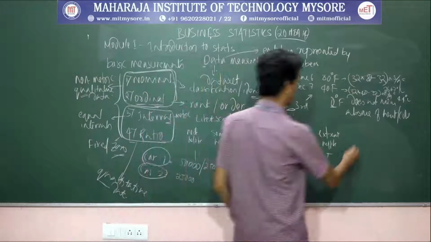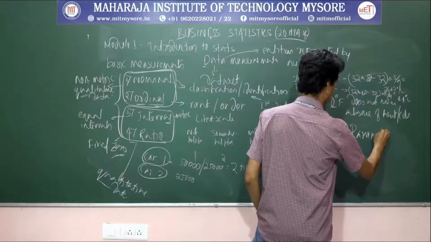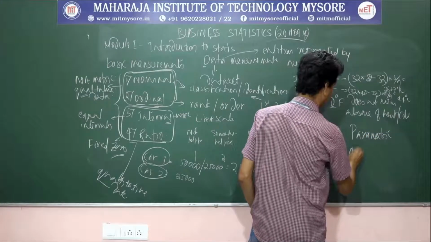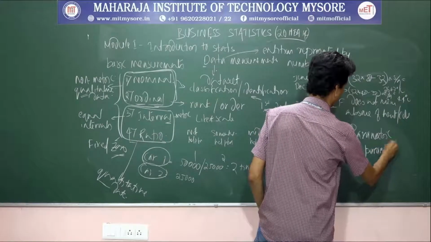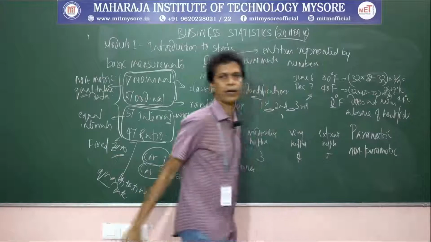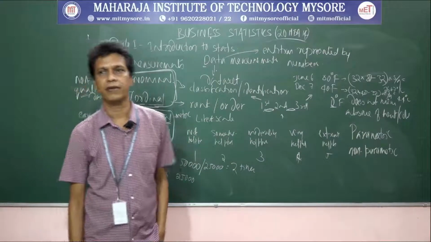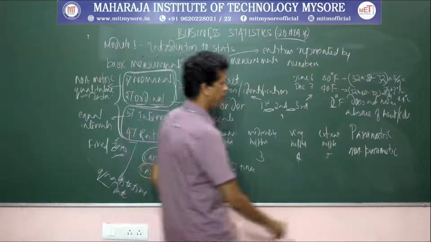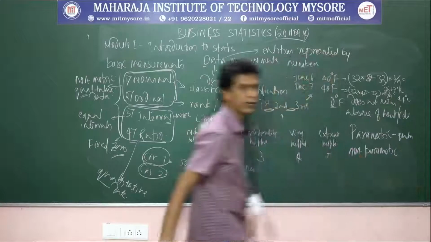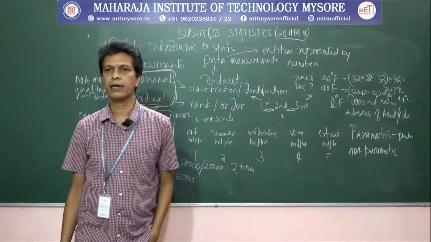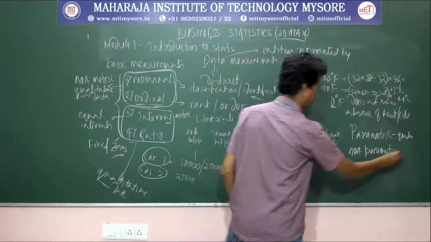Parametric statistics requires the data to be interval or ratio, because for parametrics we need quantitative data, and non-parametric requires nominal or ordinal, that is, qualitative data.